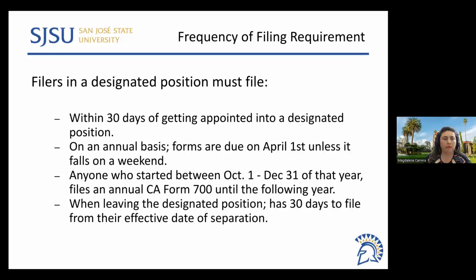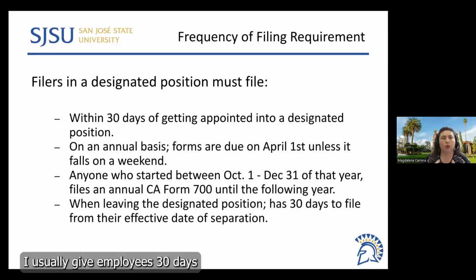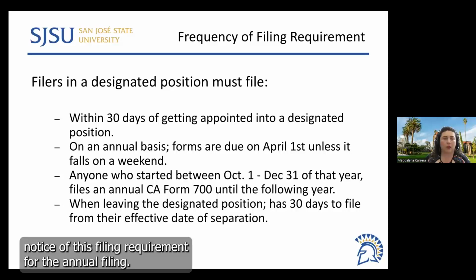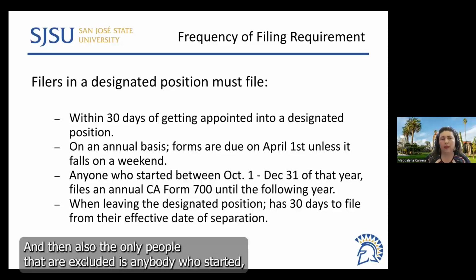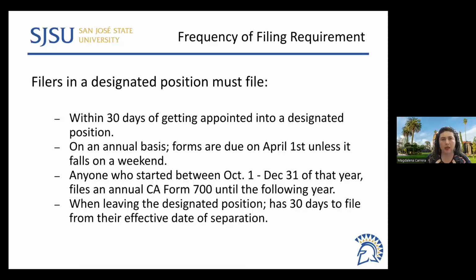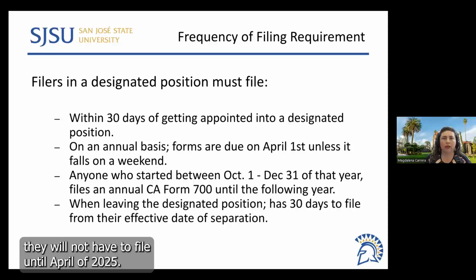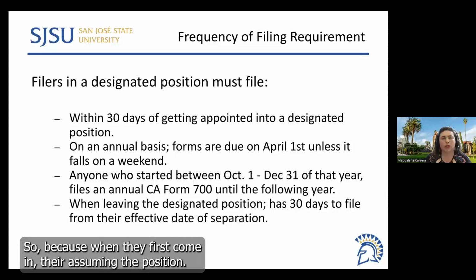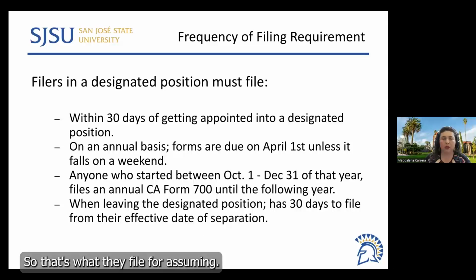I usually give employees 30 days notice of the annual filing requirement. The only people excluded are those who started, for example, in 2023 from October 1st through December 31st. They won't have to file until April of 2025, because when they first come in, they're filing for assuming the position.